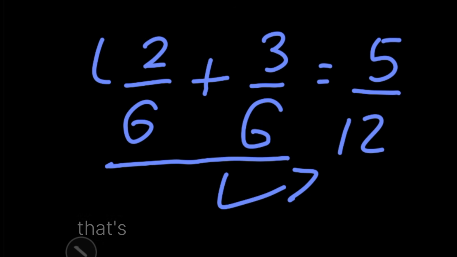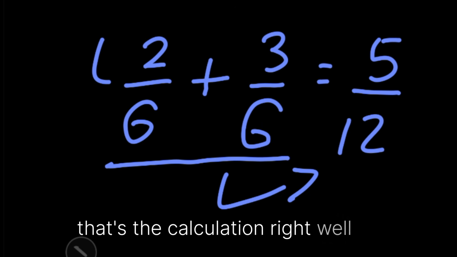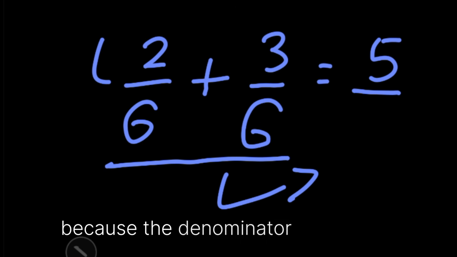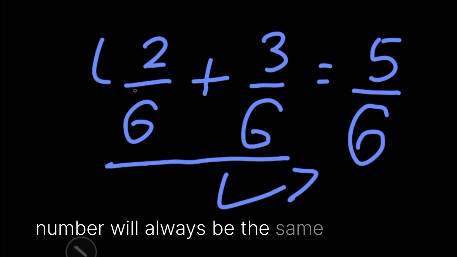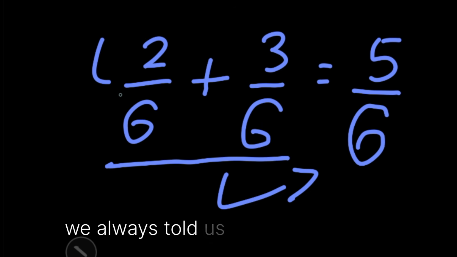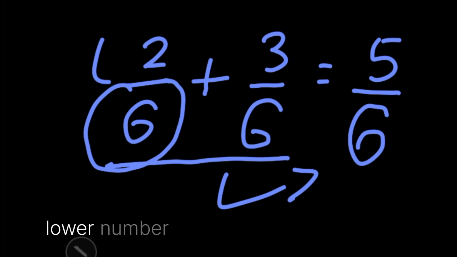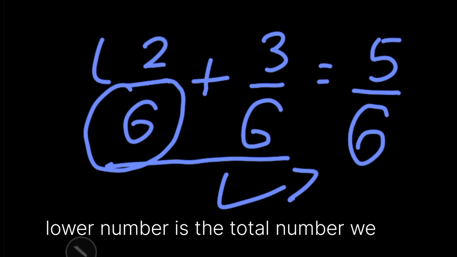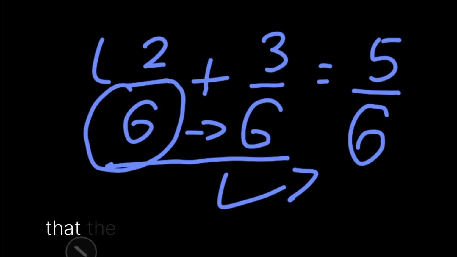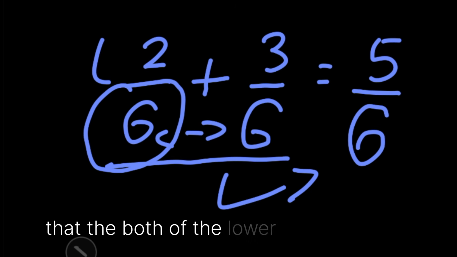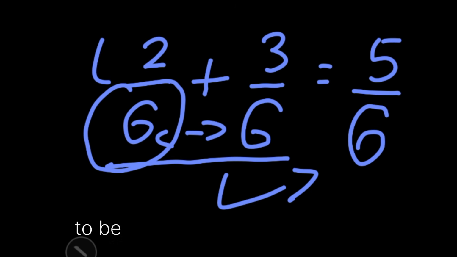Well, no, because the denominator, or the total number, will always be the same. Remember, we always told ourselves the lower number is the total number we cut the pieces into. That's also the reason that both of the lower numbers need to be the same.